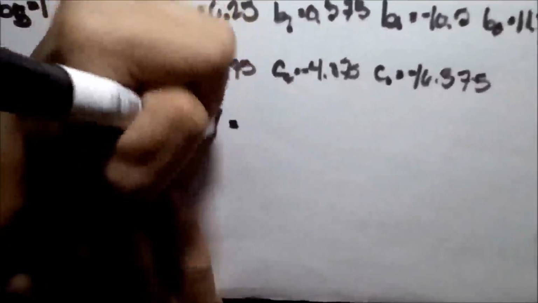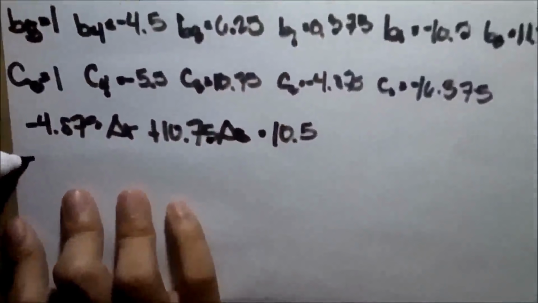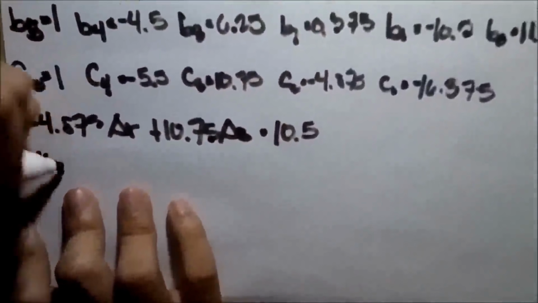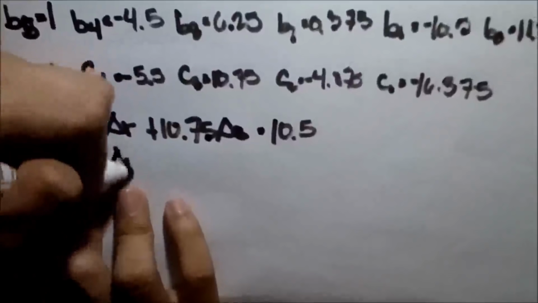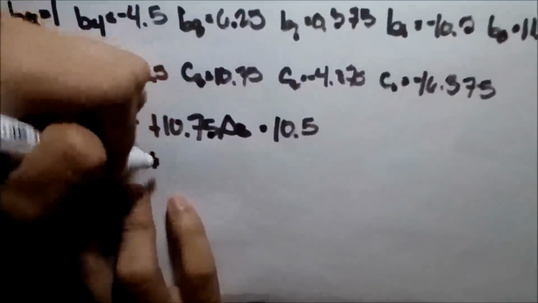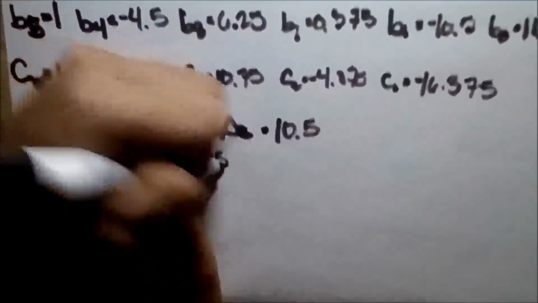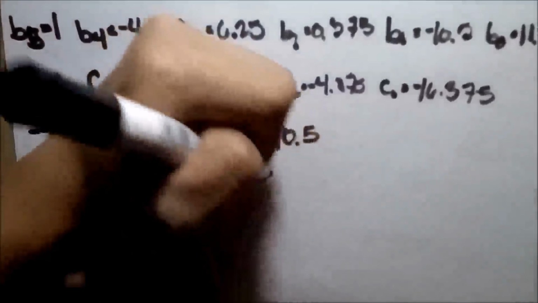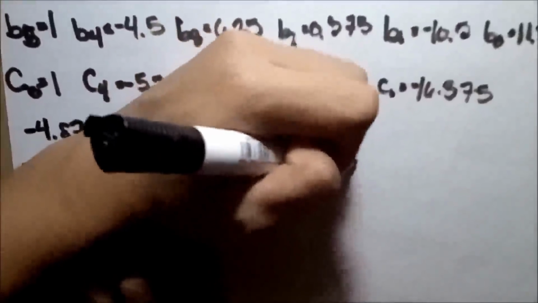The answer will be delta s equals 10.5, negative 16.375 delta r plus negative 4.875 delta s equals negative 11.375.